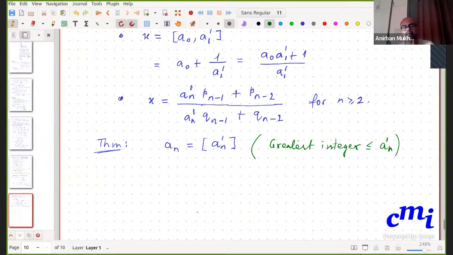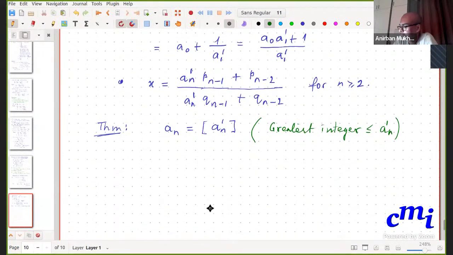So if you take the integer part of the nth complete quotient, you get an, the nth partial quotient. We need to prove that.